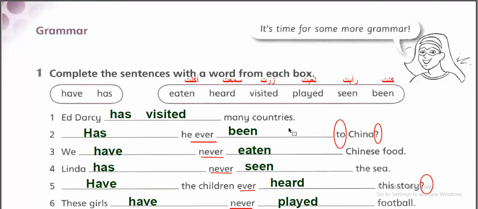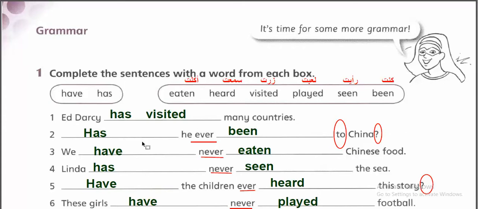Next, has he ever been to China? Here we have a singular subject, which is he, and he takes has. Write has with a capital letter because it is at the beginning of the question. Ever is for questions, and here you can see the question mark.